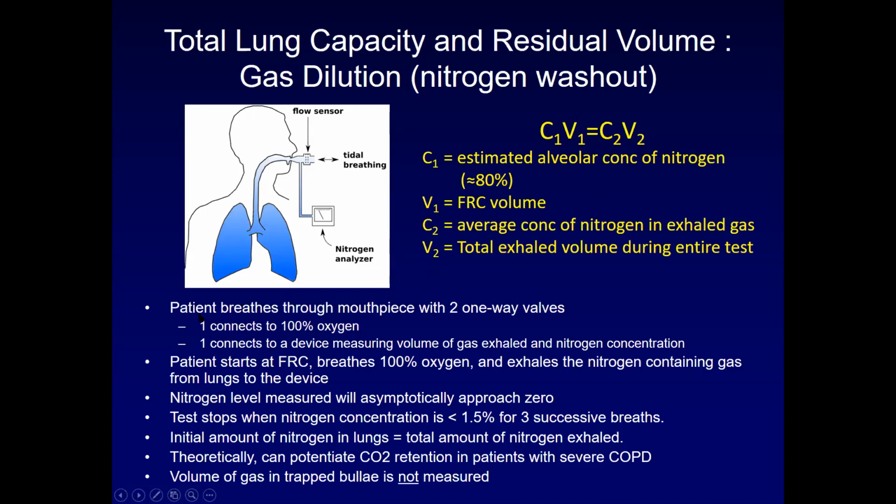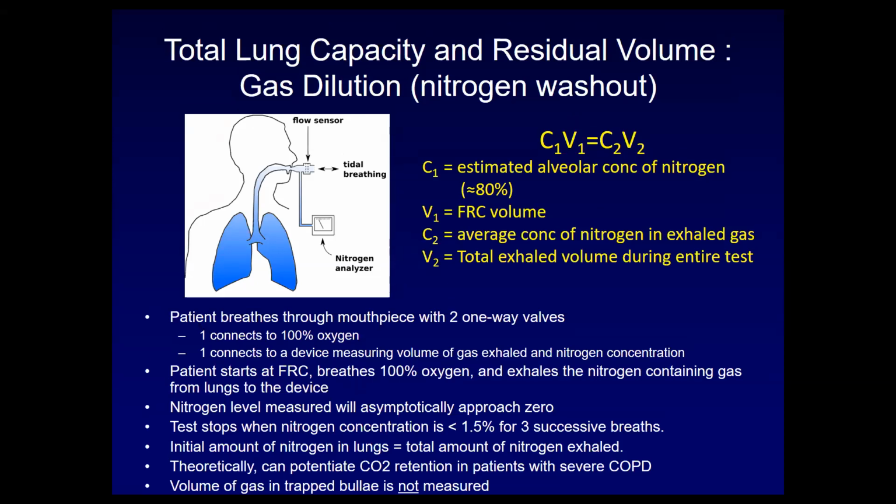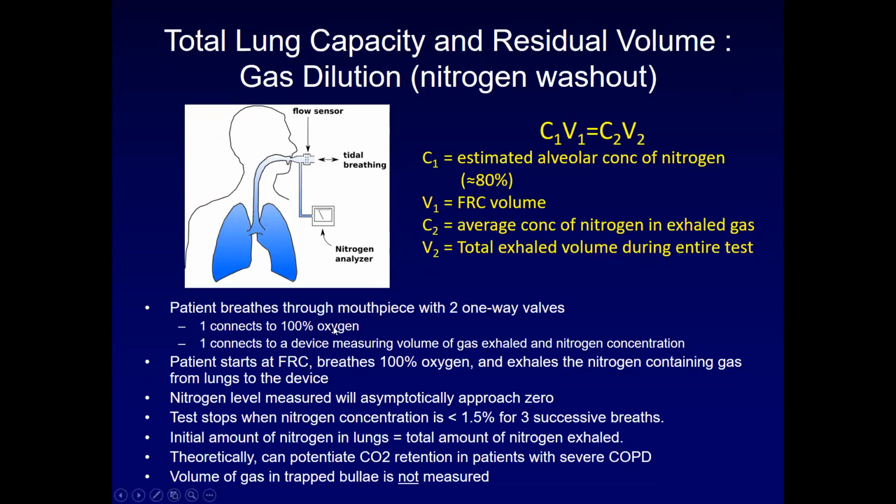So the patient will breathe through a mouthpiece with 2 one-way valves. The first is connected to 100% oxygen. That's part of the washout. The second will measure exhaled gas, and then we'll measure nitrogen concentration through the exhaled gas. So the patient will start at functional residual capacity, breathe 100% oxygen, and exhale nitrogen-containing gas from the lungs into the device.